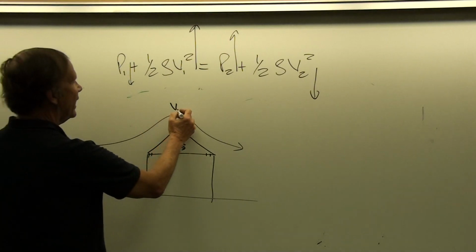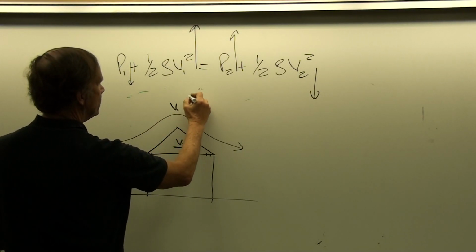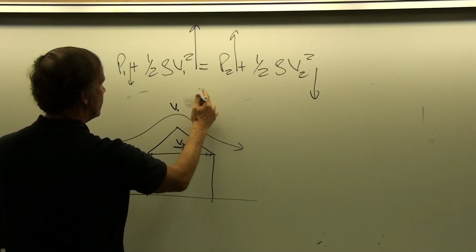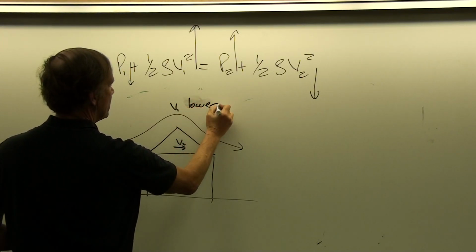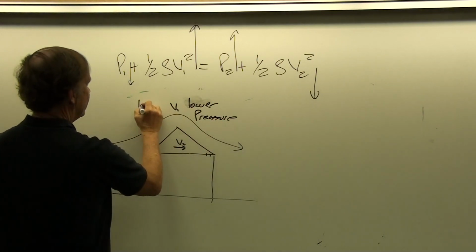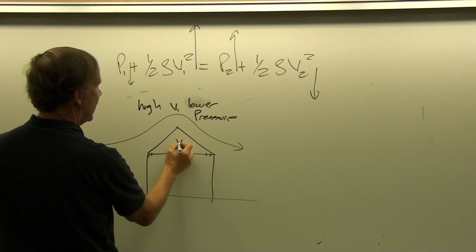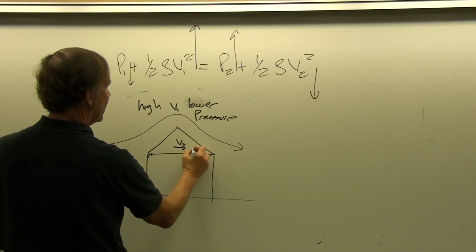Then this gives us higher velocity, but that gives us lower pressure, because we have high velocity. Okay, so here we've got lower velocity, and that means high pressure.